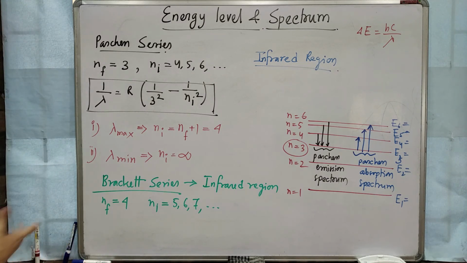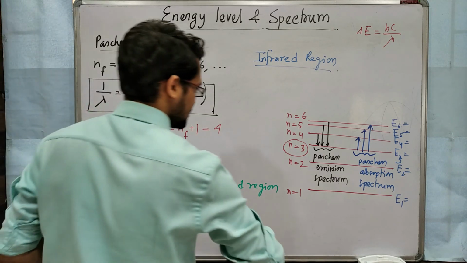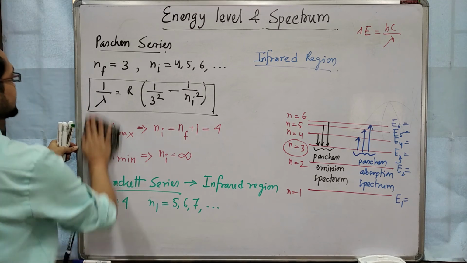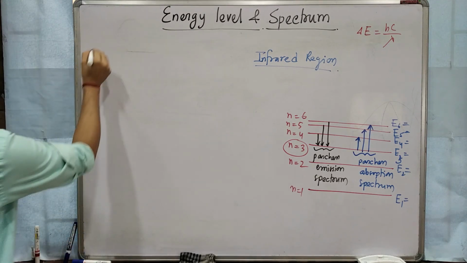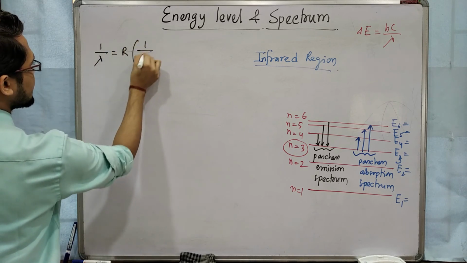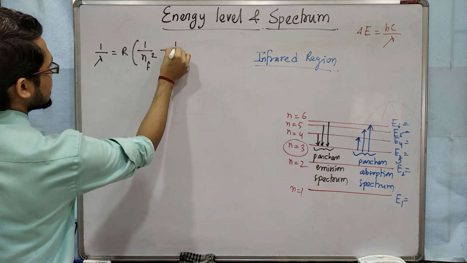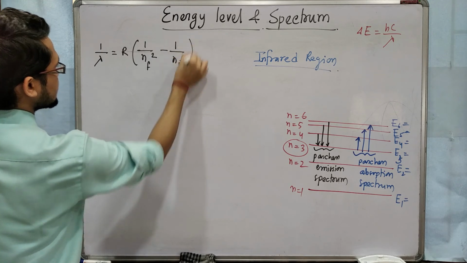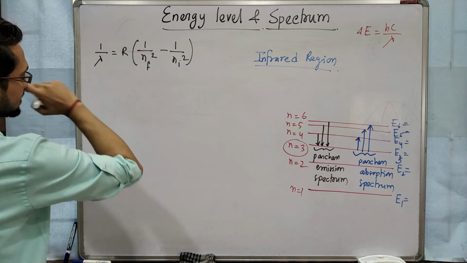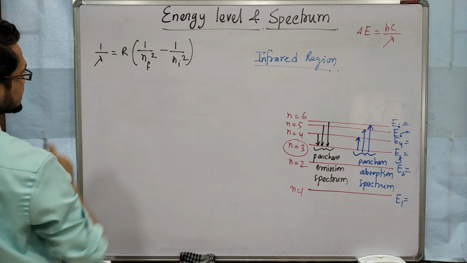Now I am coming to the general thing, so I am erasing this. These spectrum diagrams are very, very important. In general, 1 by lambda equals R times (1 by nf square minus 1 by ni square). ni is always greater than nf, not equal, not less.